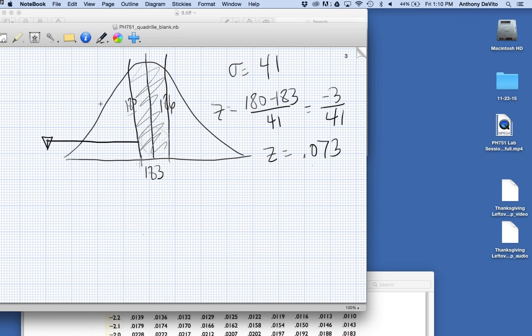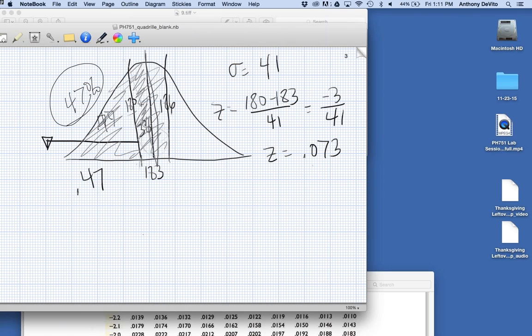So this would represent 47% of the distribution of this population, right? 0.47. Okay, that means that this area in here must be, since the mean gives us 50%, this must be 3% in here.